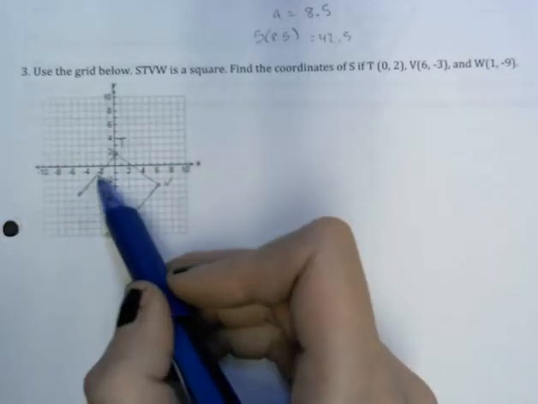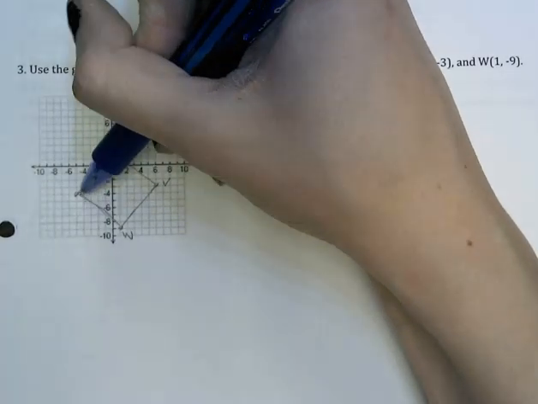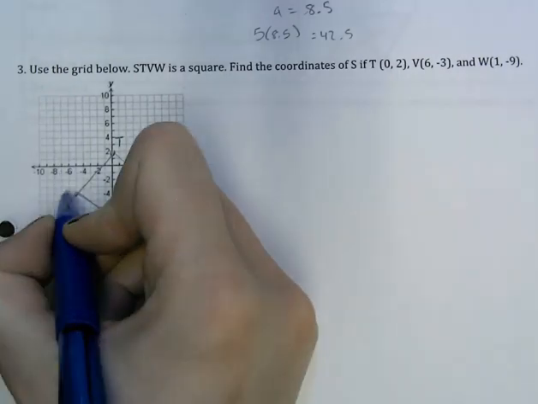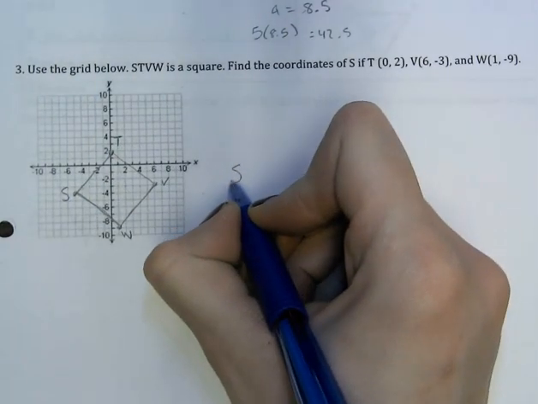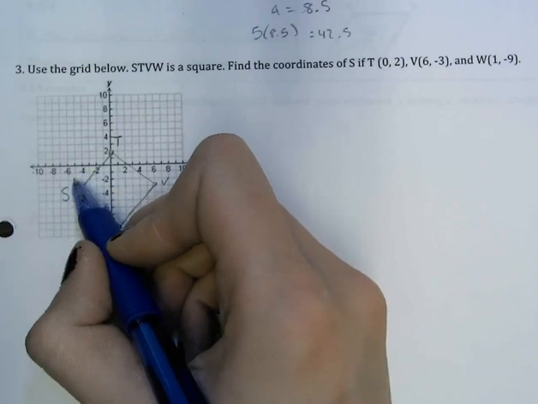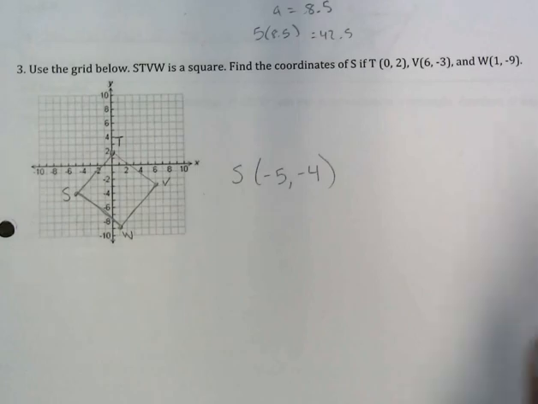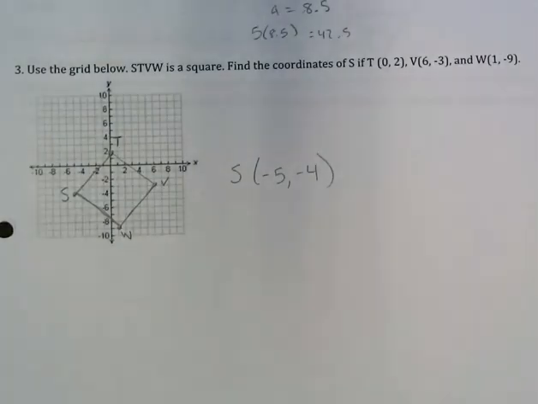And if I check this side and this side, that slope should be the same as well now. So that point where I put it is my S. My S has coordinates (-5, -4) to make it a square. So my opposite sides have to have the same slope. All right, guys, thanks for watching.